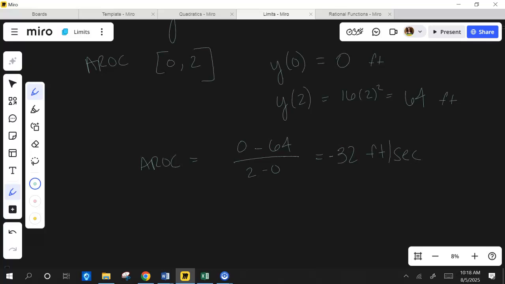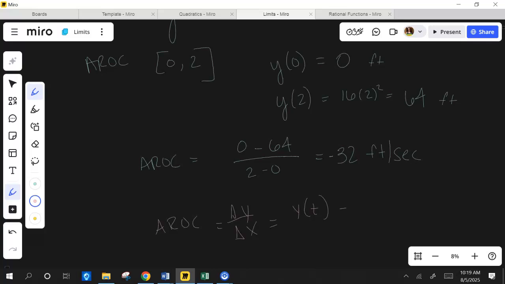But I want to give you another way to write the Aroc formula. Okay, so we said Aroc is slope, which is y2 minus y1. We'll say delta y over delta x. That's a little bit easier, more concise way to do it. But I could also say, and I don't want you to get confused whenever I put this on here, y of some time, right?